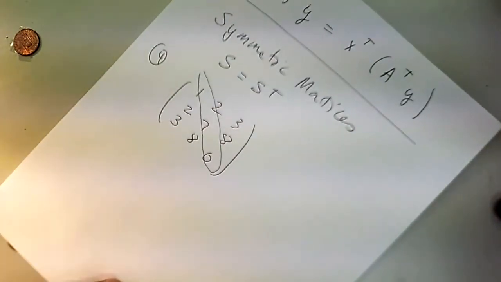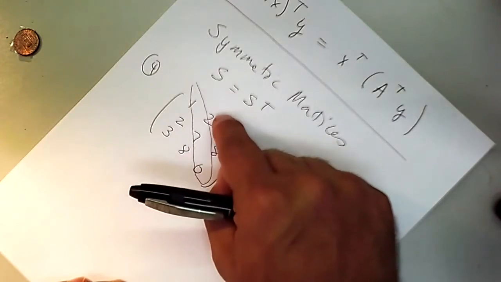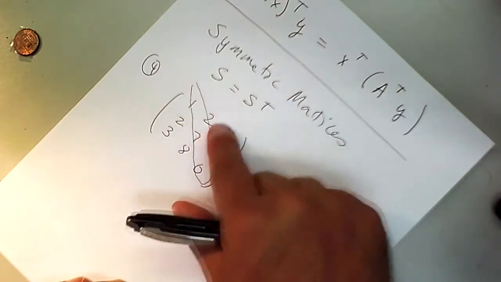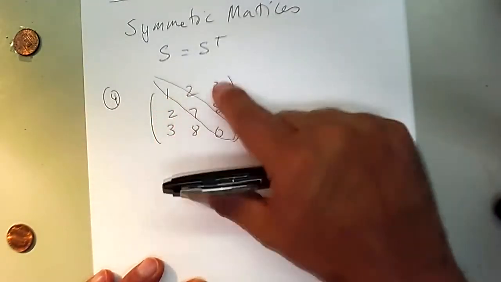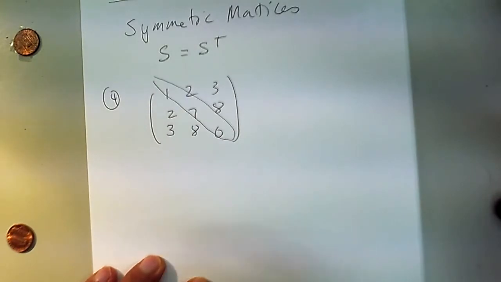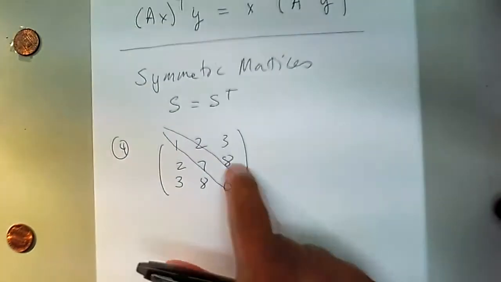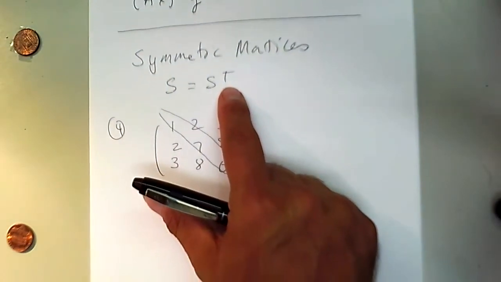Well, sort of. If we were truly having a mirror image, the 2 would be kind of sideways. But of course, I'm not going to do that. We have the same numbers on opposite entries of this diagonal. So that's what symmetric means.